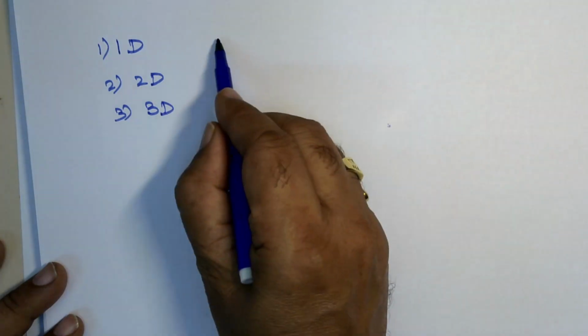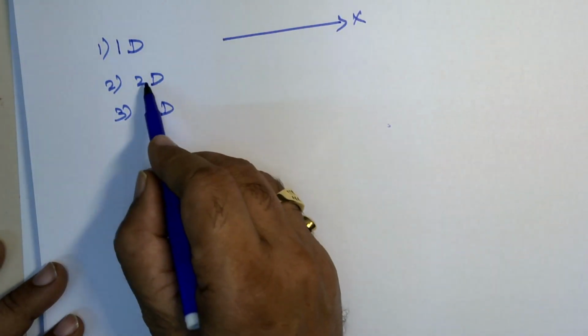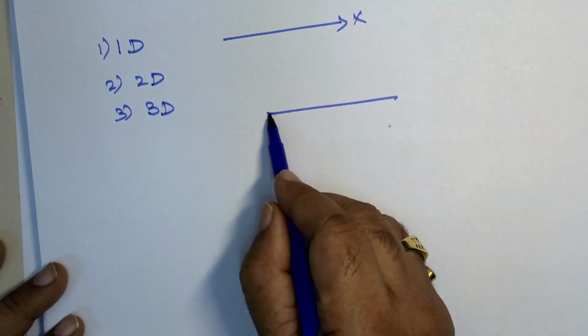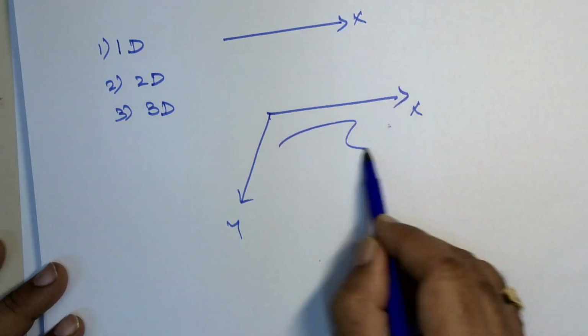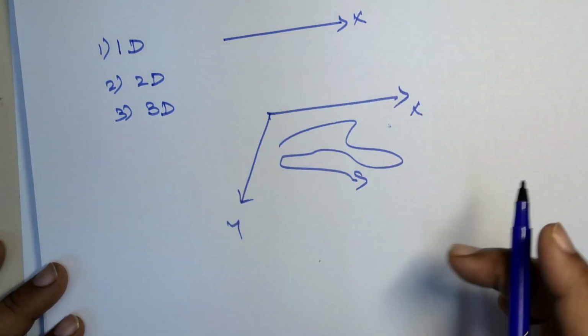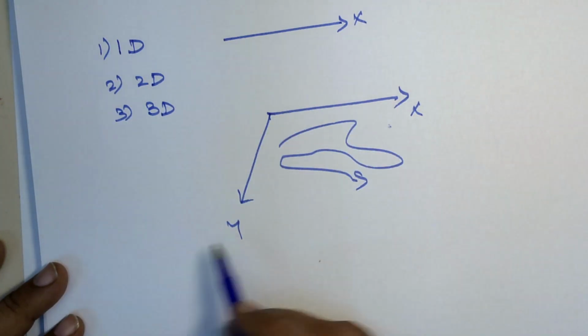In the case of one-dimensional motion, probably it goes only along the x-axis. In the case of two-dimensional motion, you have got the x-axis and the y-axis. So here it can move anywhere, but within this plane only. So this is called a two-dimensional motion.